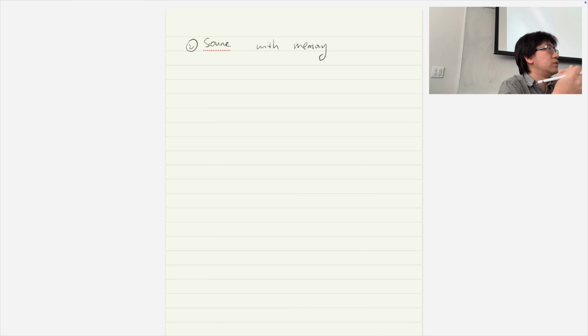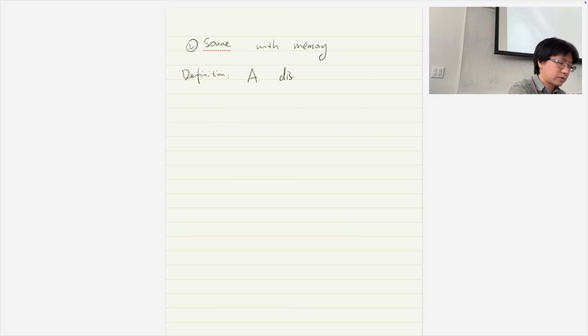Basically we use a random process to model it. We still assume a sequence of random variables, and we assume that they follow some random process. That's how we model that. Let's write down the definition.